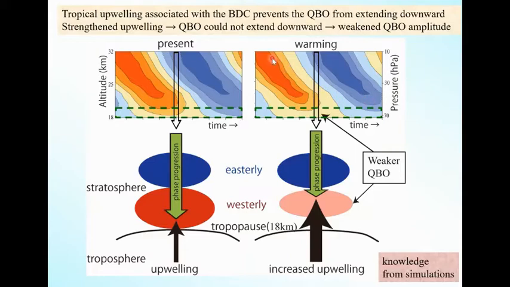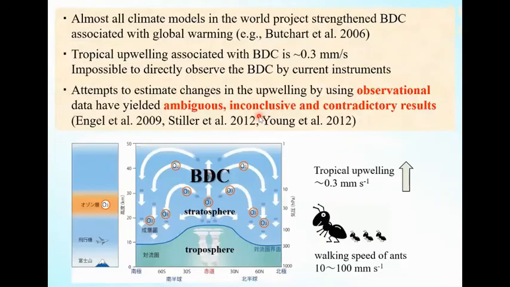So the QBO cannot propagate downward as in the present climate. That is why the amplitude of the QBO becomes weaker, especially in the lowermost stratosphere. This is, as I said, due to the strengthened Brewer-Dobson circulation in the future climate.